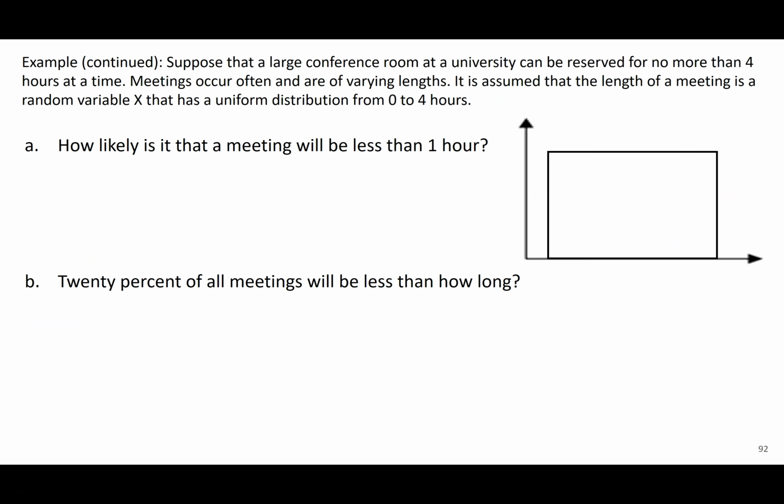So we're going to continue this example here, still focused on our conference room reservations. So I'm going to just write hours here. If you want to label the y axis, probability would probably be it. So I want to know how likely is it that a meeting will be less than 1 hour.